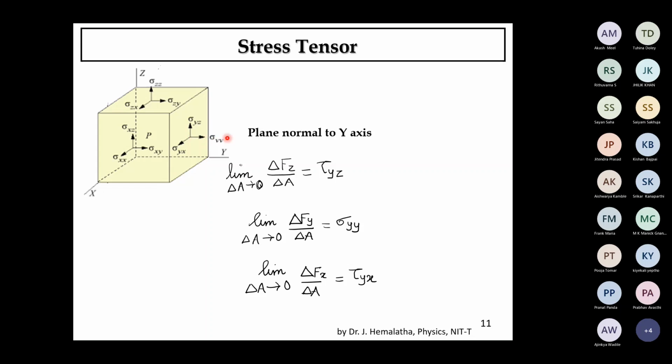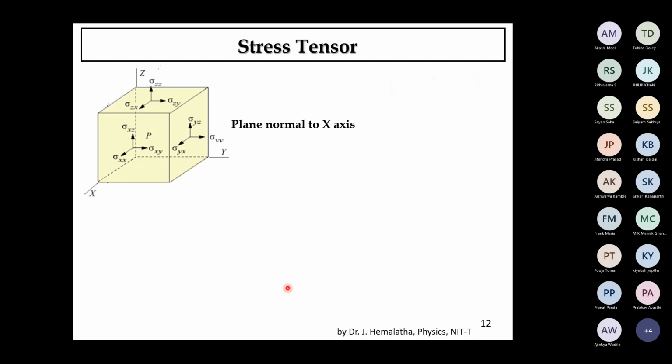This is the normal component of stress, and these two are the tangential components of stress: tau yz, tau yx. So these are the next three components, which explain the stress acting in different directions. Tau yz, sigma yy, tau yx, I explained from here itself.